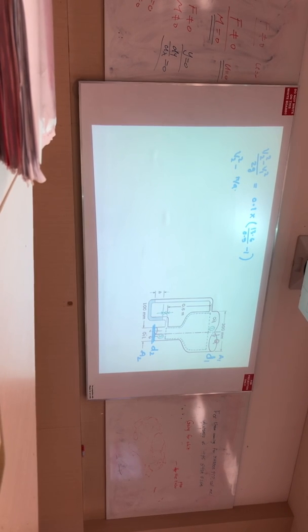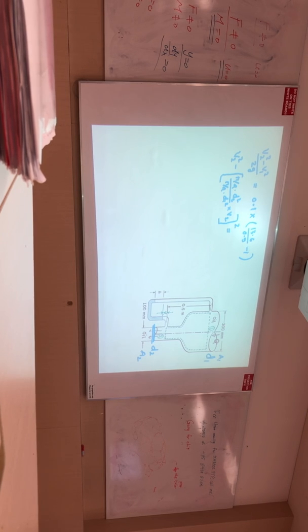And I substitute the value. Then pi by 4, D2 square, then square, right? Pi by 4, D1 square, right? Times V2, then whole square.